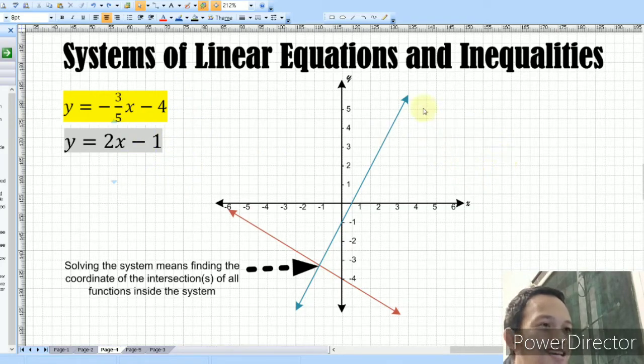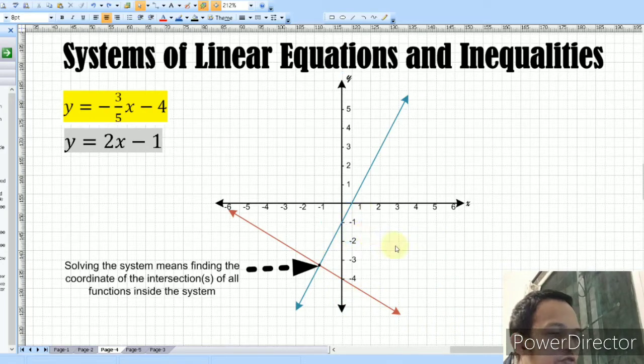So solving the system means finding what pair of x and y satisfies both functions.